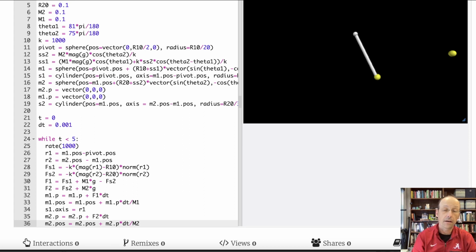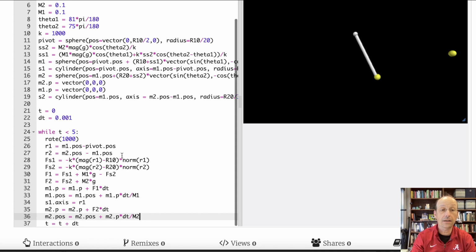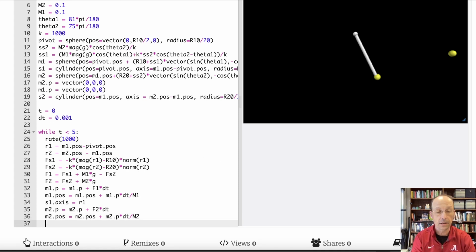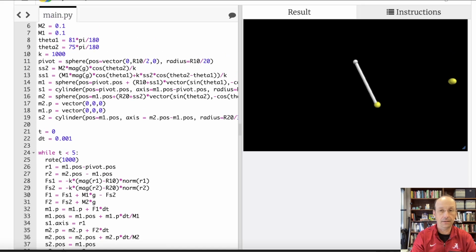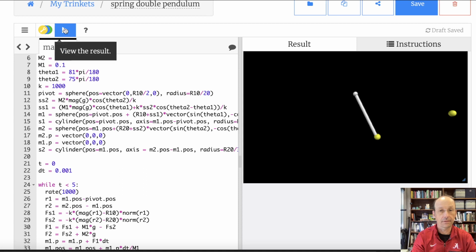I need to update the spring S2. Now that one I need to update both the axis and the position. So S2.pos is M1.pos because M1 moved. And then S2.axis equals R2. I think that's right. Okay, I'm just going to run it.